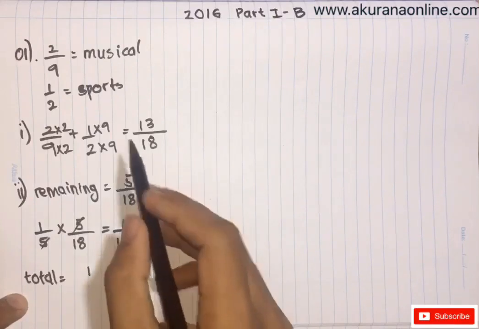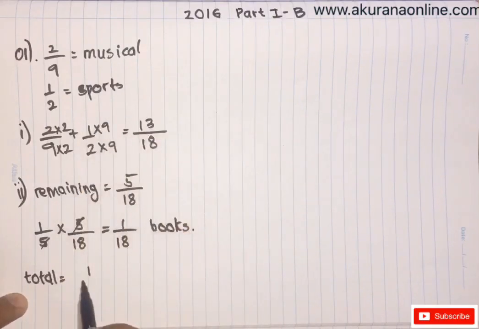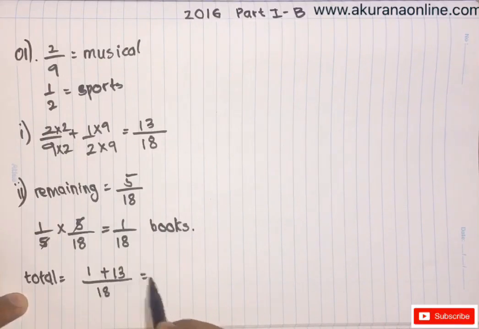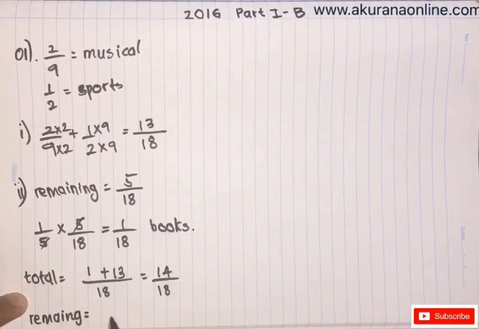Since the denominators are same, I'll directly add 1/18 plus 13/18. That is equal to 14/18. From this, how much is the remaining? 4/18. Now this part is used to renovate the community center.